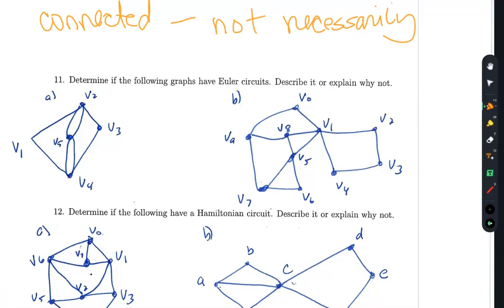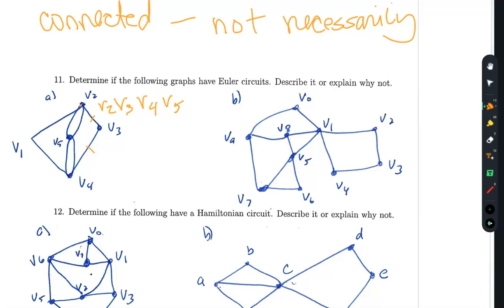All right, so let's look at this one. Will this have an Euler circuit? I want to be able to go around, get every edge exactly once, and I can repeat vertices. So I'll just start here at V2. And this is what you'll do when you want to write your homework answers. You'll say, okay, I'm going to go to V3, and then V4, and then V5.